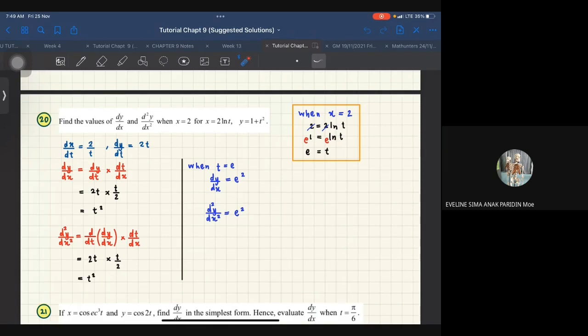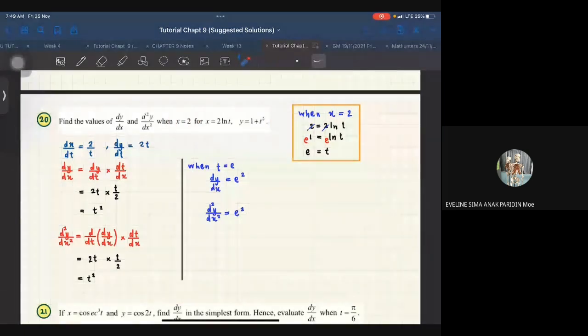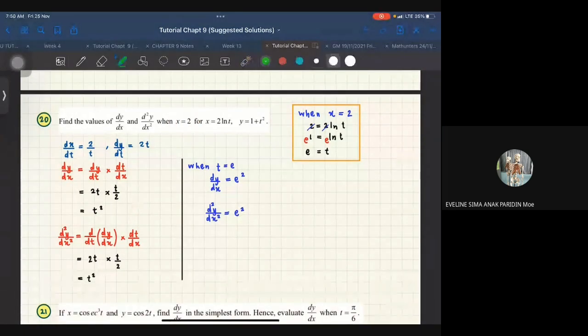Okay. So, bila dah dapat the first and second derivative, just substitute the value of t. Kalau ikutkan soalan ni, dia minta kita masukkan nilai x equals to 2. Tapi bila kita tengok dekat kita punya jawapan, this is my dy dx and d square y dx square. Dekat sini saya ada variable t. Saya ada parameter t dekat dalam tu. So, macam mana saya nak dapatkan nilai t saya tu apa? Okay, soalan dah bagi clue dah.